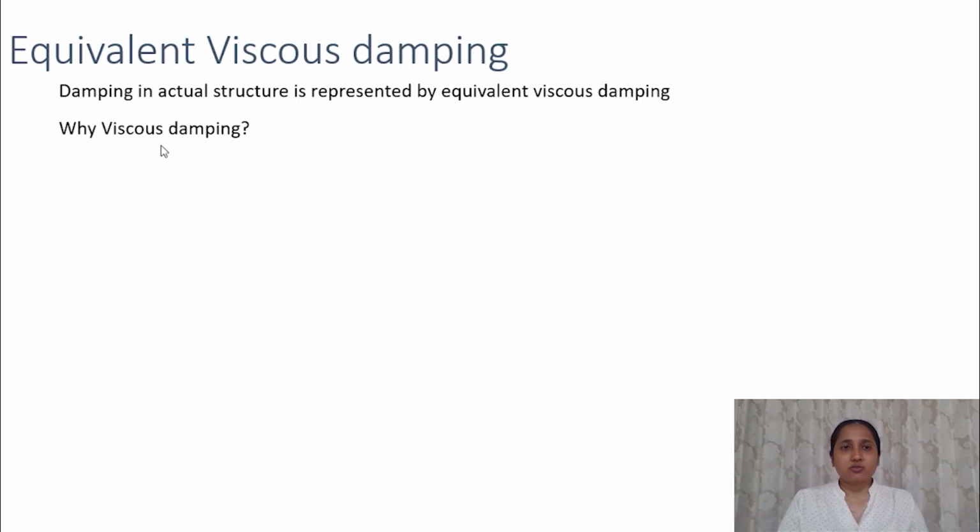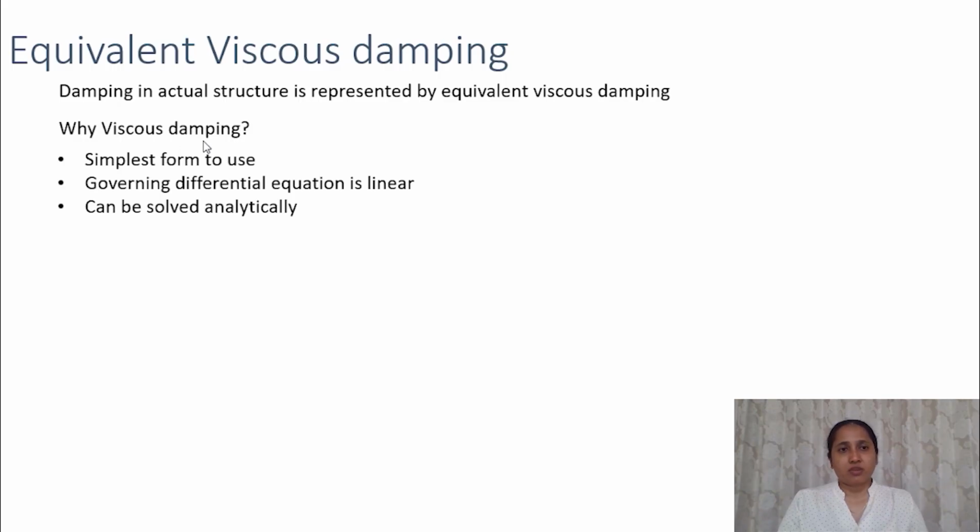So why do we choose viscous damping? Viscous damping is the simplest form of damping which can be used, and the governing differential equation, if we use viscous damping, is linear, so it is easy to be handled. So since this is a linear equation, we can solve it analytically.